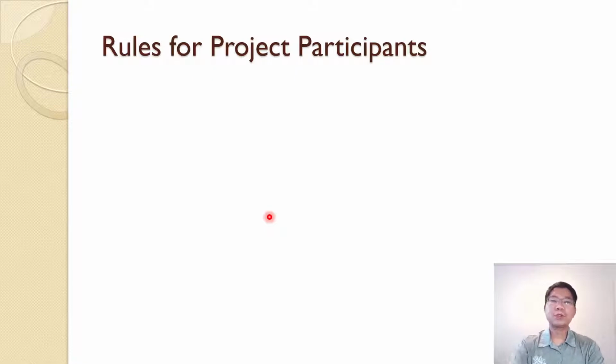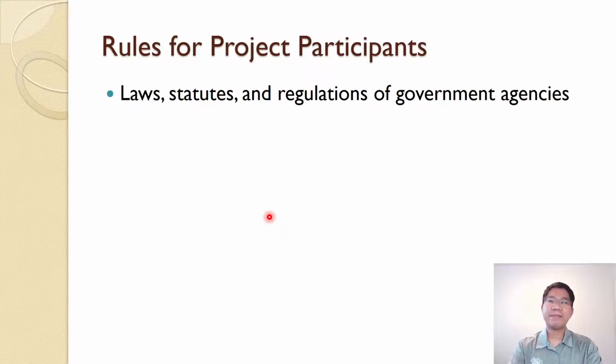So, rules for project participants, we have basically three types of rules. The first one is laws, statutes, and regulation of the government agencies. That's something Mr. Wilson, our first guest lecturer, discussed about the statute laws that regulate our engineering and construction projects.